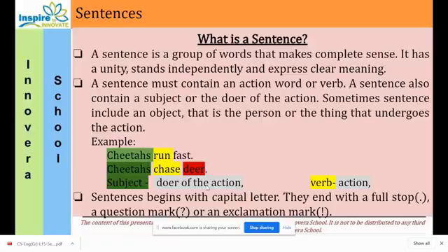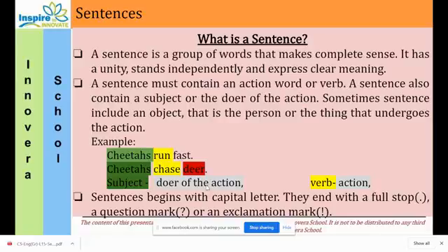When we use a full stop at the end of the sentence, when we use a question mark, and when we use an exclamation mark, and what it stands for, that is very important to know.